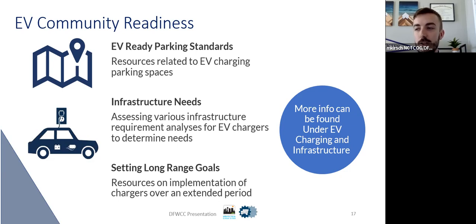This section provides various resources that can help your community prepare for both electric vehicles and how to accommodate this transition. Key elements include resources related to EV-ready parking standards and codes, assessing infrastructure needs, such as identifying charging gaps within a boundary, and resources on setting and creating a charging plan for the future to stay consistent with electric vehicle trends.